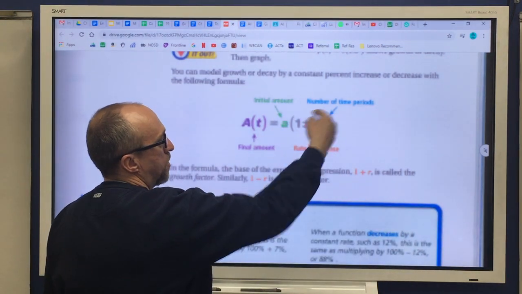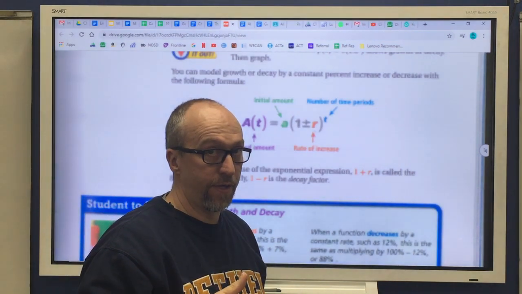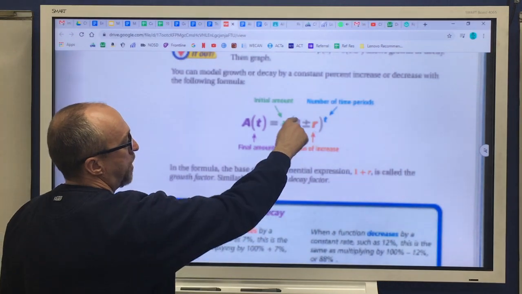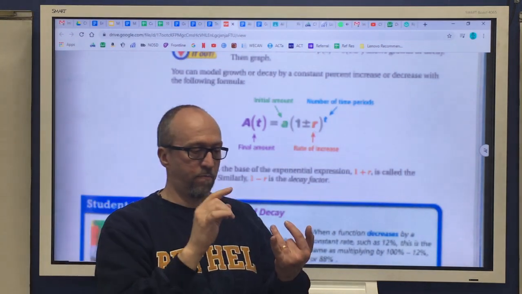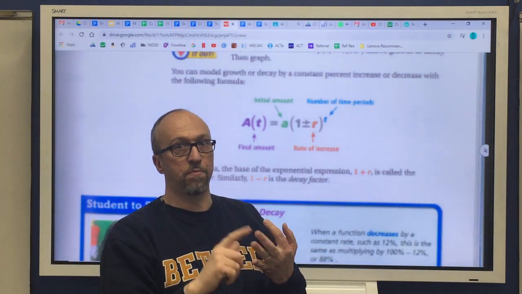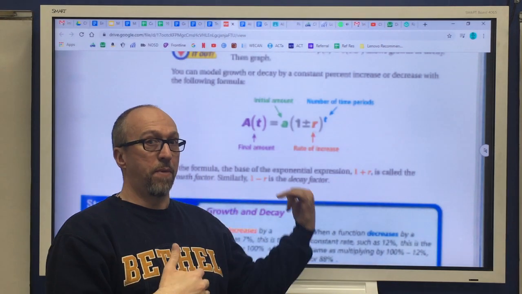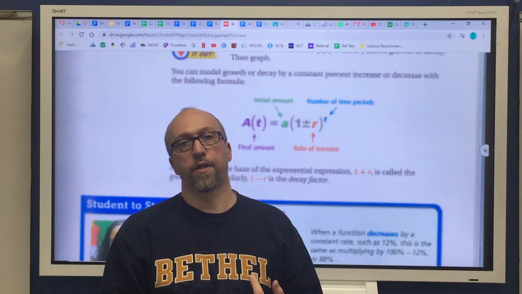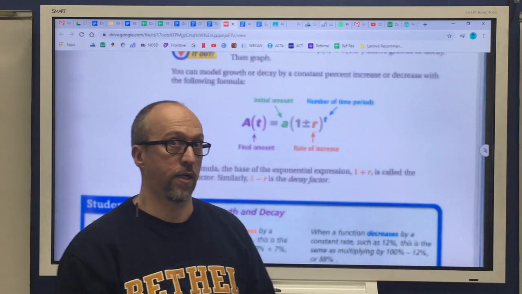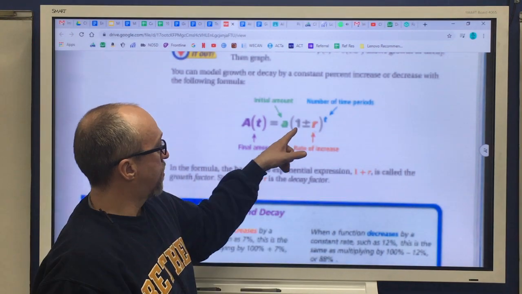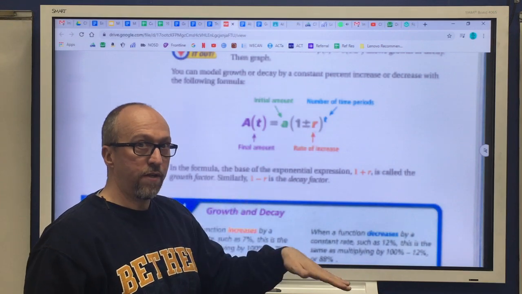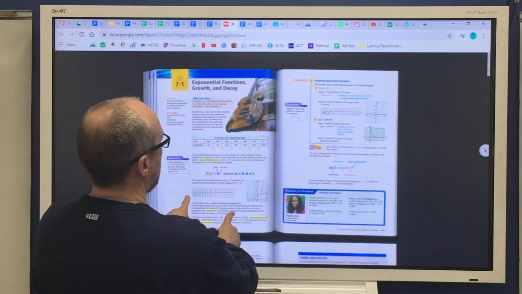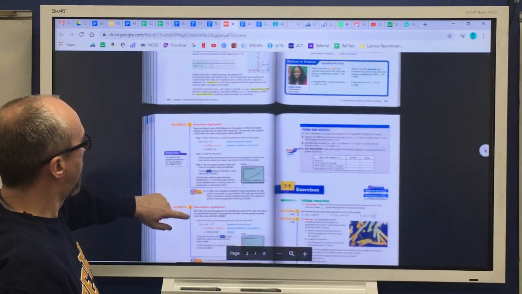Close the parentheses, all to the power of t. T is always in years. We did a plus if it was an investment, like buying real estate, stocks, or bonds. It's a minus if you bought a house or a snowmobile or a four-wheeler or any of the fun things we want. They all depreciate. So minus if it's losing value, plus if it's gaining value. That's what we talked about, growth versus decay.